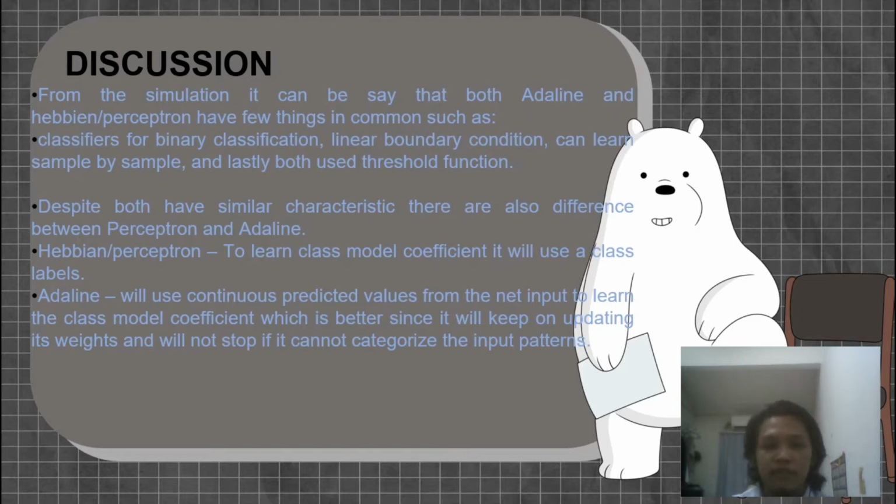The Hebbian perceptron learns class model coefficients by using class labels. As for Adaline, we use a continuous predicted value from the net input to learn class model coefficients, which is better since it will keep on updating its weights and will not stop if it cannot categorize or recognize the input vector.